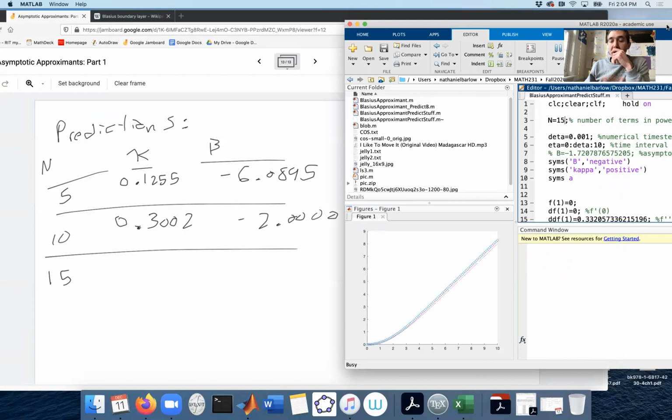Now, one thing that I think might happen here that we didn't run into yet for n equals 5 or n equals 10 is multiple positive roots for kappa, multiple negative roots for b, in which case we want to look for the fastest converging root.